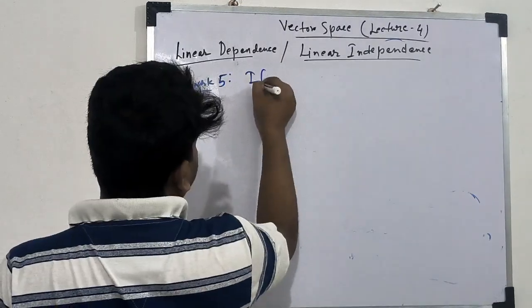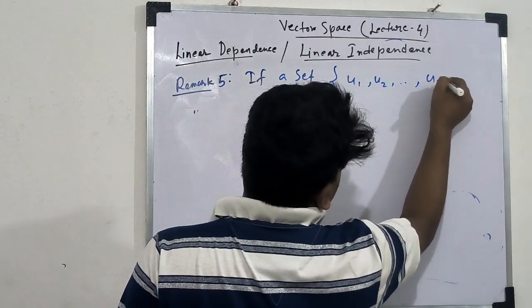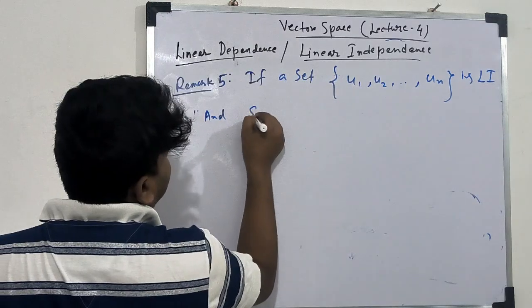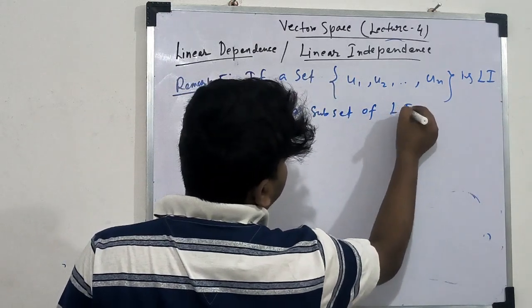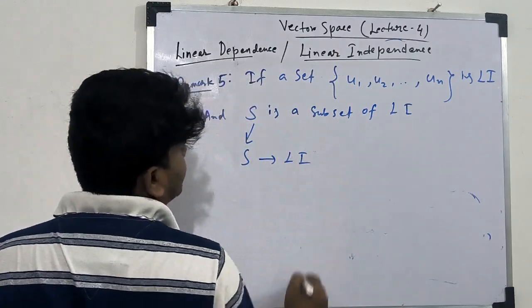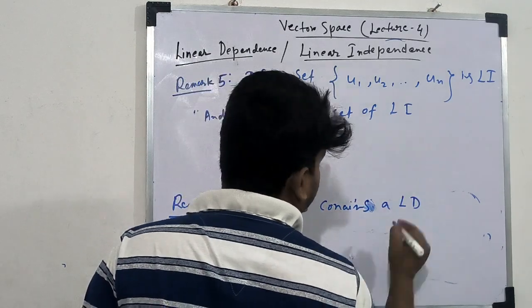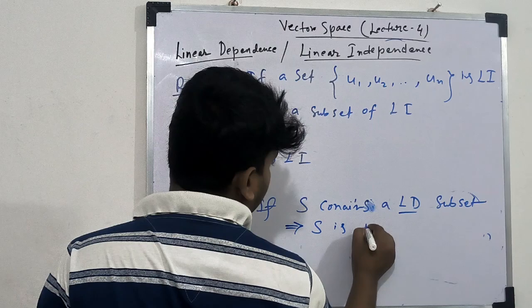Remark 5: if a set u1 u2 dot dot un is linearly independent and S is a subset of this linearly independent set, then this S will also be linearly independent. Similarly, if S contains a linearly dependent subset, then S is also linearly dependent.